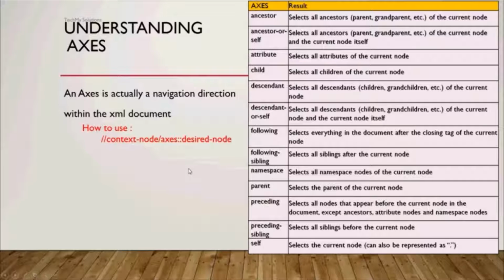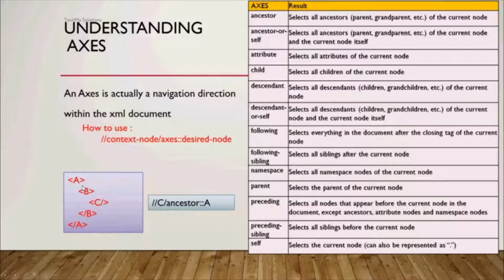For example, if this is our XML document and currently we are at node C and we want to reach node A, then using axes, this will be the syntax.